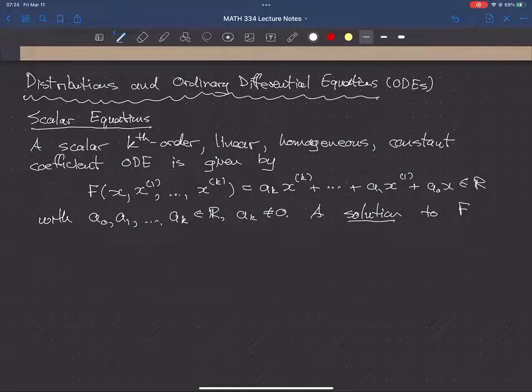A solution to a differential equation like this is a mapping c. This is another piece of differential equation weirdness that I do: I denote the variables by x and the functions of t by c.